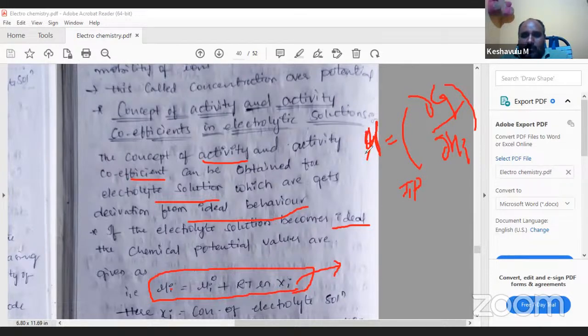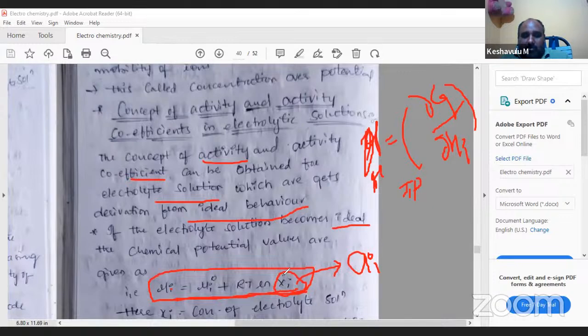How could this chemical potential change? For ideal solutions, mu i equals mu i naught plus RT ln xi. Instead of this xi, if we write ai, the same equation is applicable for non-ideal solutions.